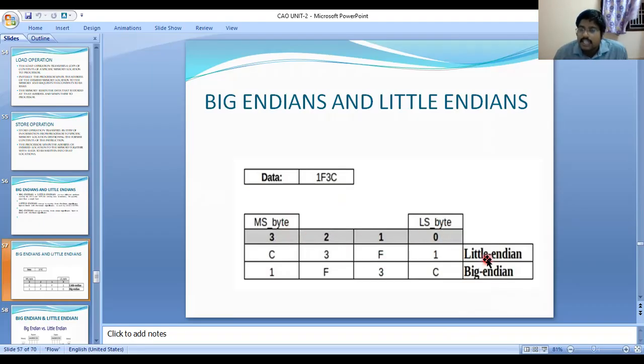If I follow little Endian, the 1 is going to be stored in the first memory location, next memory location F, next memory location 3, and next memory location C. If I follow big Endian, the alternate order is performed. In the first memory location, starting with 0, I store C. In the next memory location 3, next F, next 1. So that is the difference between big Endian and little Endian.